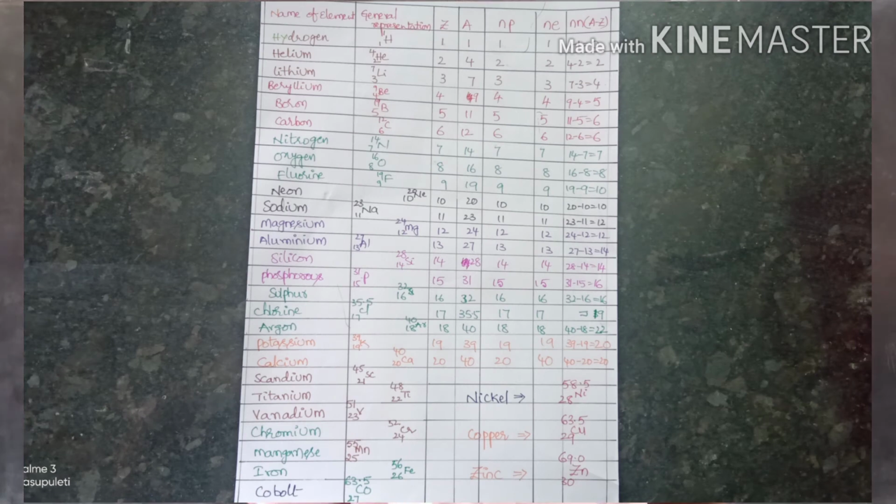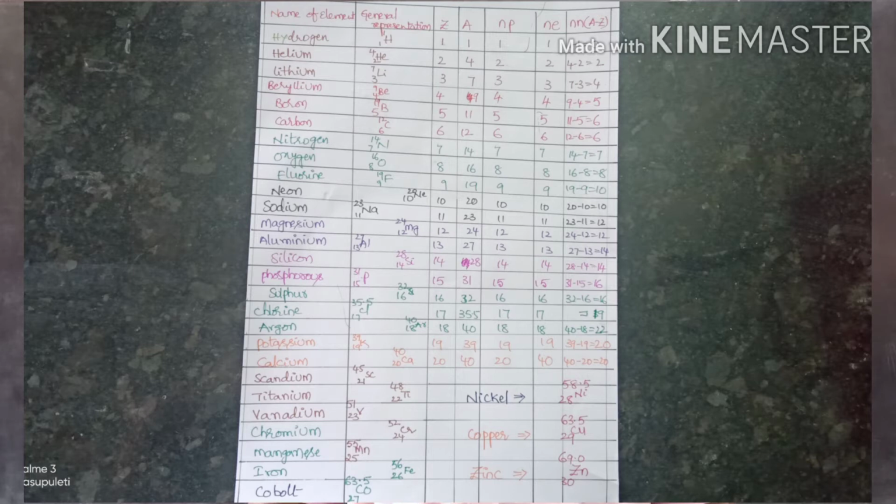Now let us discuss some examples of up to 30 elements. Hydrogen's general representation is H11, that means its atomic number is 1 and mass number is 1. Next element, helium, its general representation is He24, that means its atomic number is 2, mass number is 4.